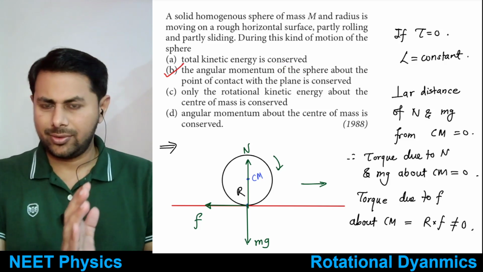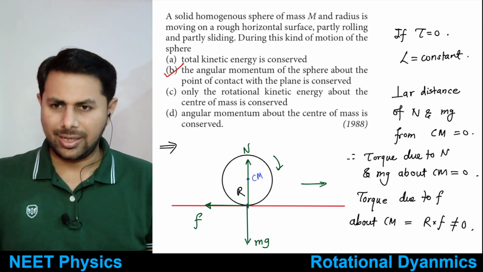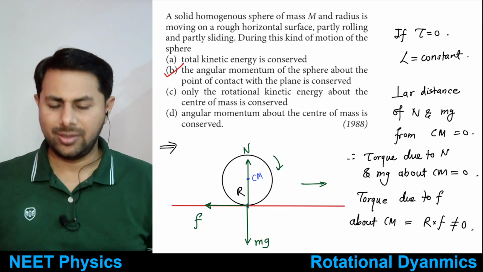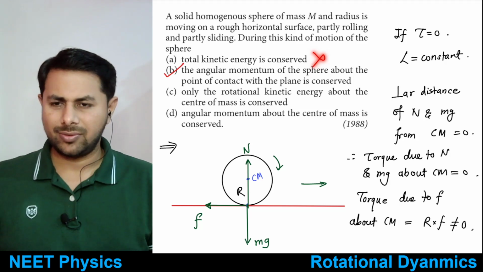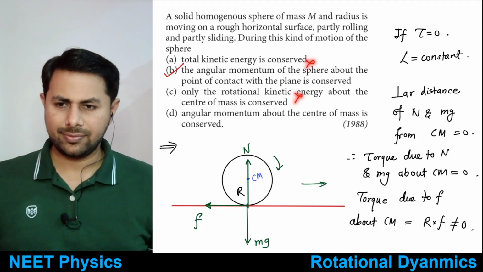There is some work done against the friction, so some energy is lost and converted to heat. So kinetic energy cannot be conserved, and that's why A and C are not correct.